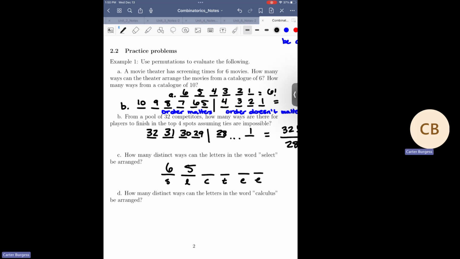How many for C? 4 for C, and then for T, 3, and then for E. First E we have 2, and then second E we have 1. But again, I could have assigned the T first. I could have assigned the E first. I'm doing this very deliberately though, so that we can see what happens with what we are left with, what's being pigeonholed here.